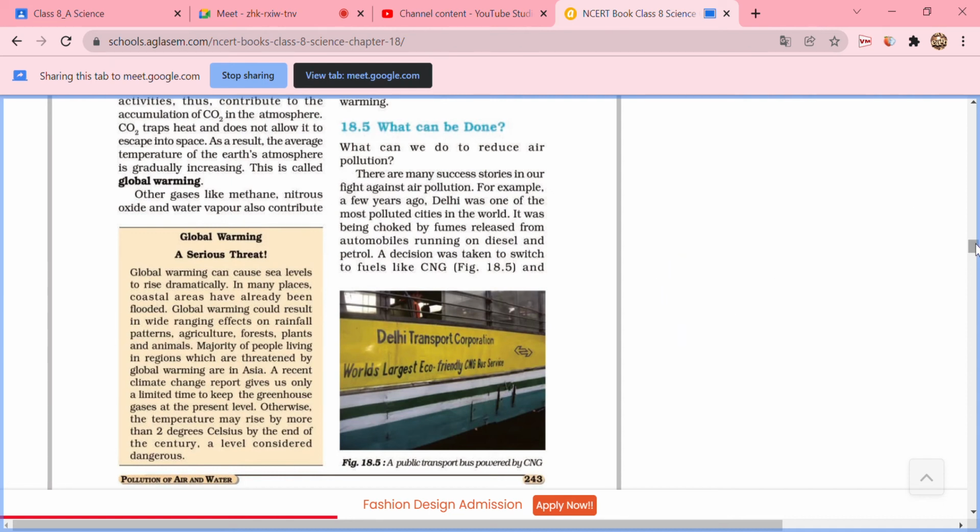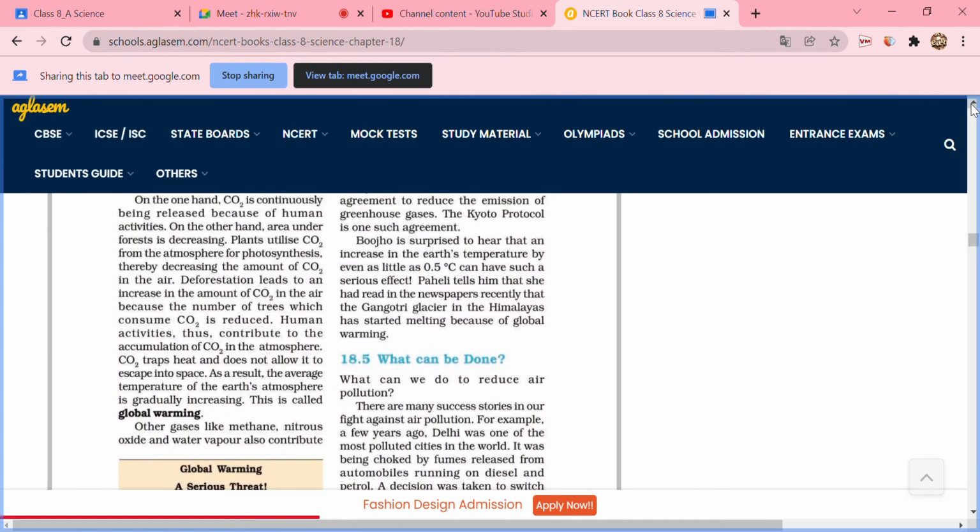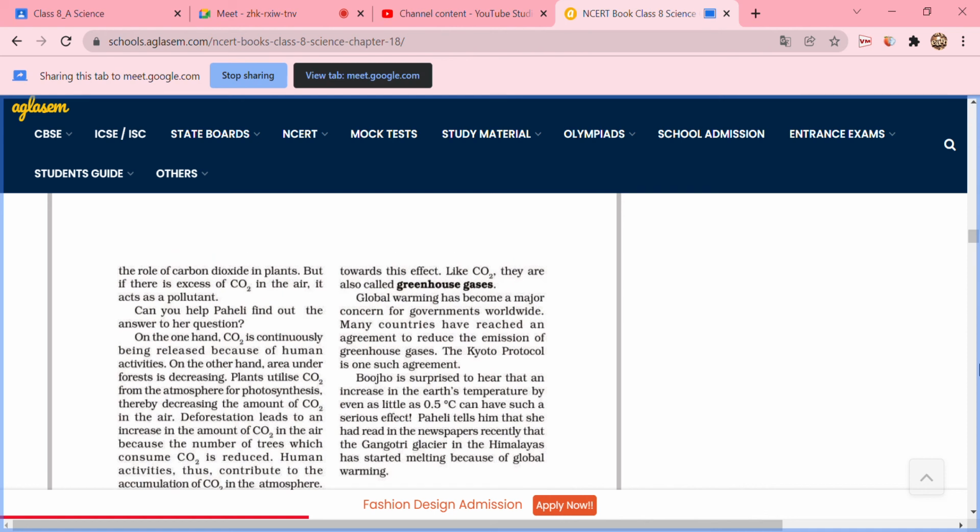So if it is not seen seriously, and we are not taking it into consideration, then a time will come that our global temperature will rise 2 degrees and that will be a serious concern for us. Yes. Now continue.